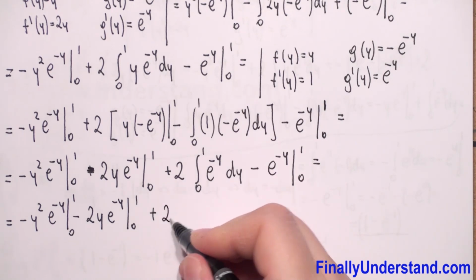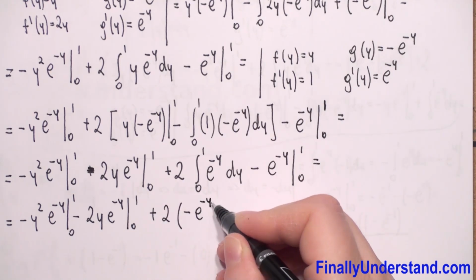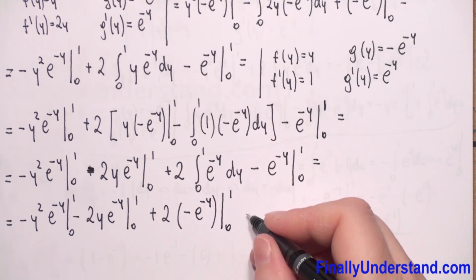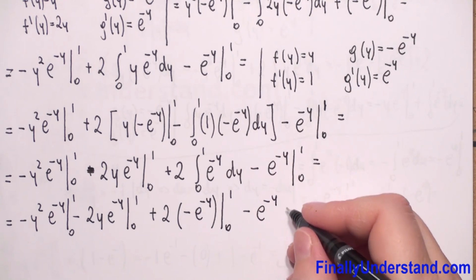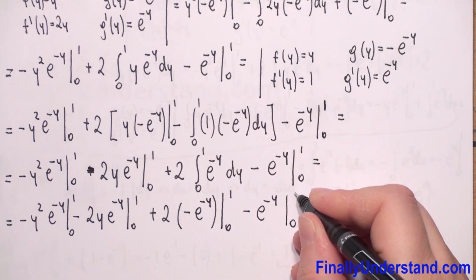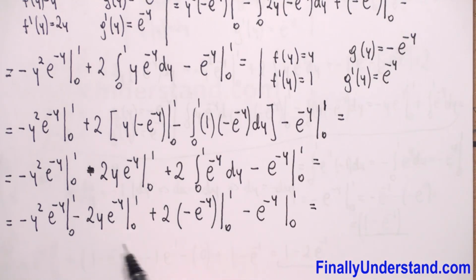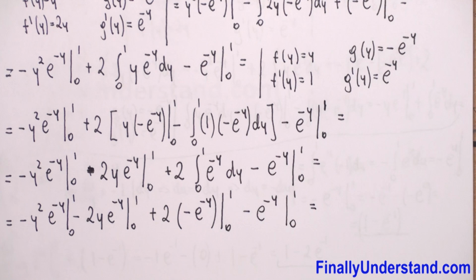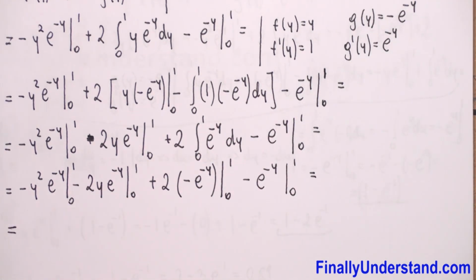So we have 2 times negative e to the power negative y with limits 0 to 1, minus e to the power negative y and limits 0 to 1. So this is equal, because we have the same limits for all this expression, I will put these limits at the end and start to simplify something.